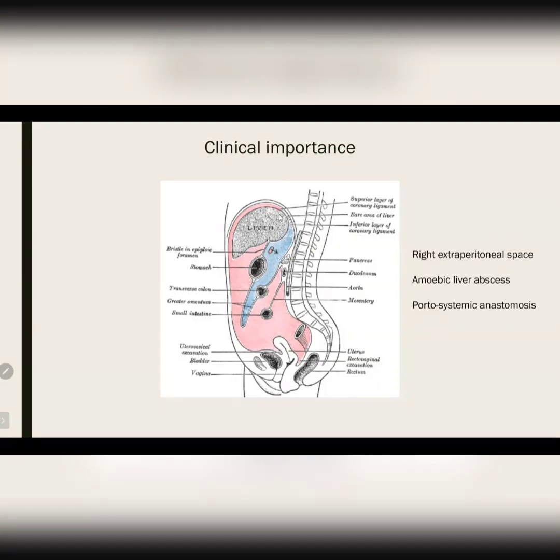Spaces underneath the diaphragm are called subphrenic spaces. The space related to the bare area is called the right extraperitoneal space.